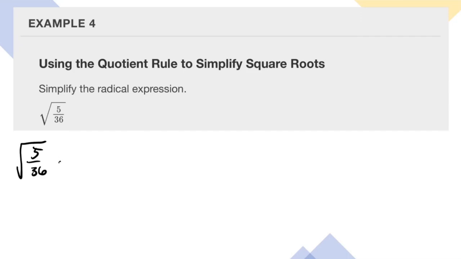If we apply the quotient rule, we can break this into the square root of 5 divided by the square root of 36. But we just saw that 36 is a perfect square. So the top stays as is, and the square root of 36 is 6.